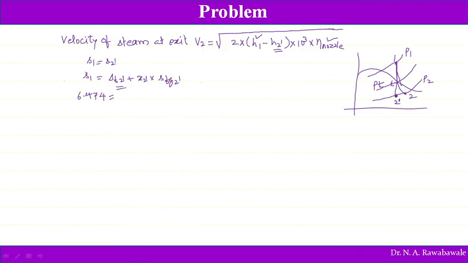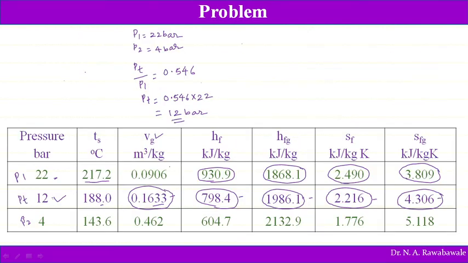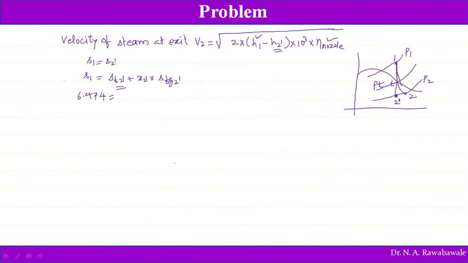SF2 dash, entropy at pressure P2, is 1.776, plus X2 dash, which we want to find out, into SFG2 dash.